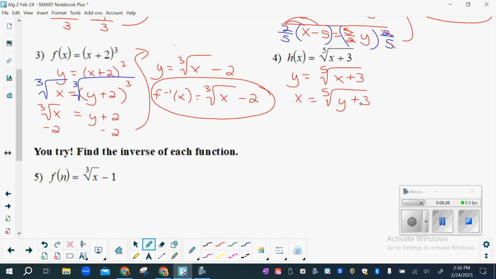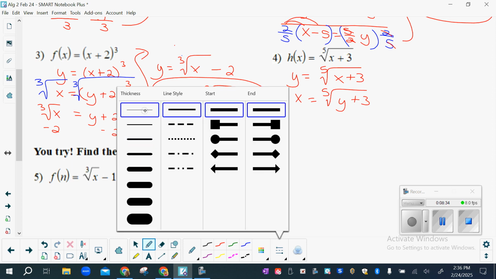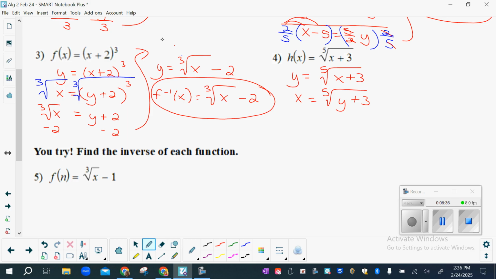Okay. So now we want to get rid of that 5th root, and how do we do that? So what do we do on both sides? Exponent of 5, that's right. So x to the 5th.